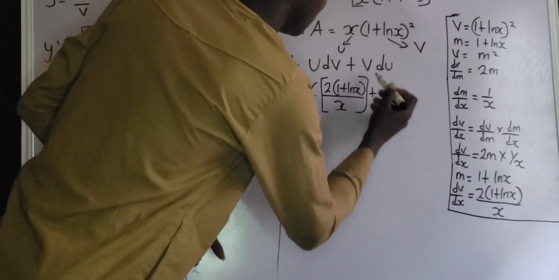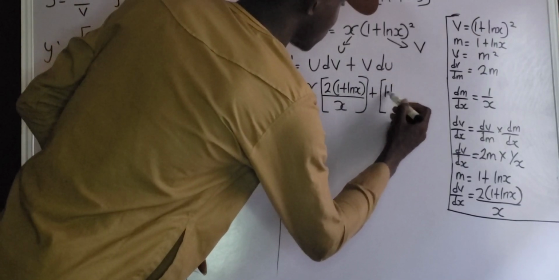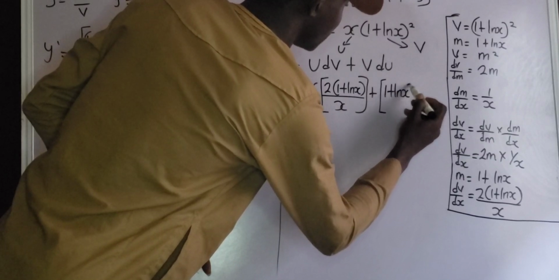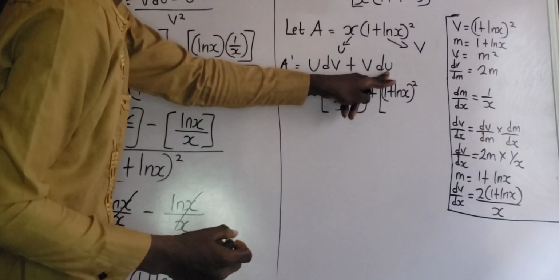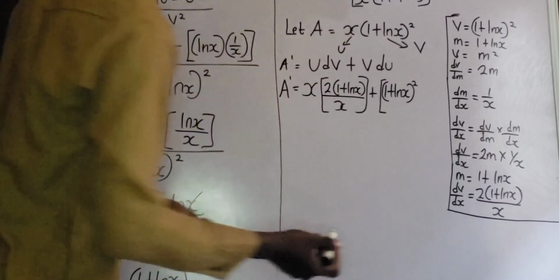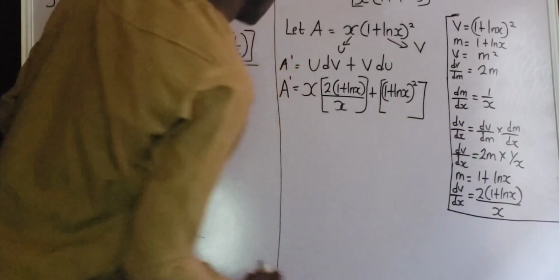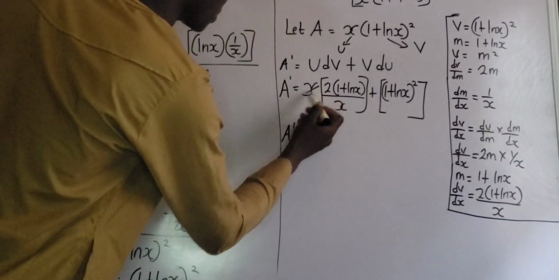So v is (1 plus ln x) raised to the power of 2, multiplied by the derivative of u. The derivative of u is what? If you differentiate x, we get 1, so there is no need of writing that. Now this will cancel this.